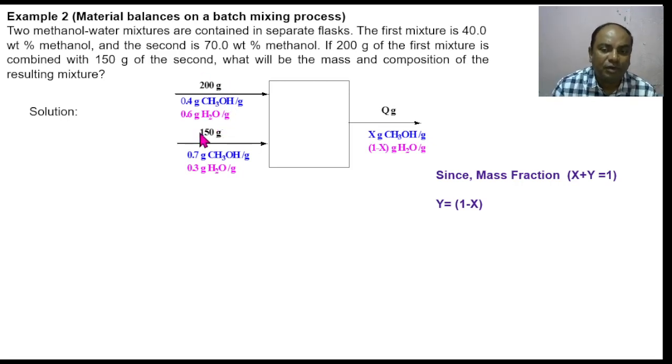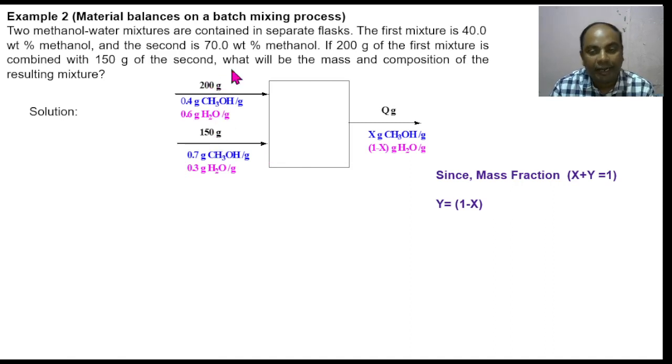So first of all, we have an opportunity to think about what equation we can make. We will do a material balance calculation on the entire process over here, because this is the first mixture and this is another mixture.